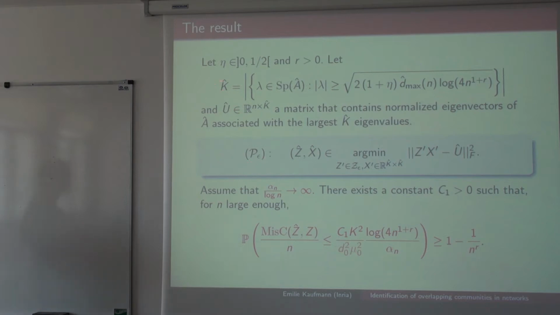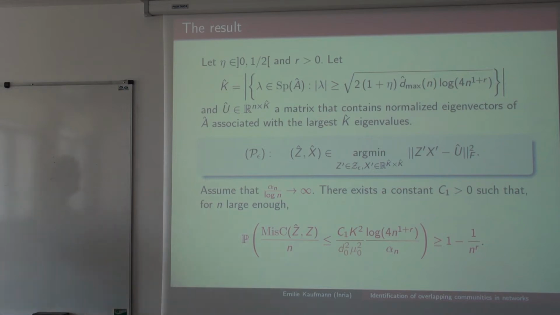That is the solution in which we let K hat be the estimator that I mentioned before. So what we proved is that if alpha n divided by log n tends to infinity, so if the graph is sufficiently dense, but still sparse, because we don't need alpha n to be of order n to some power. Log n is still relatively small compared to n.